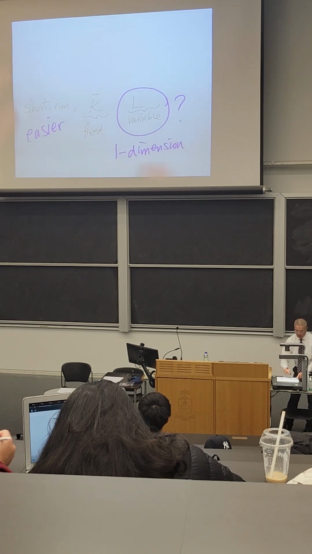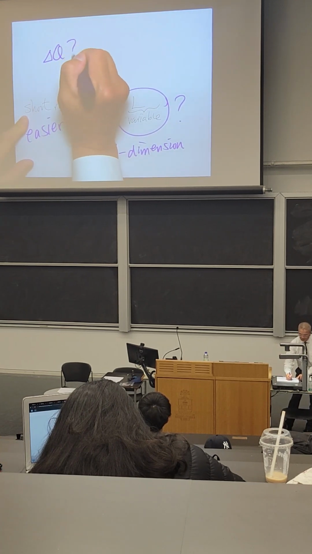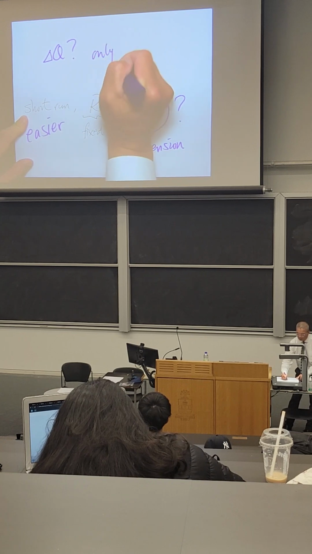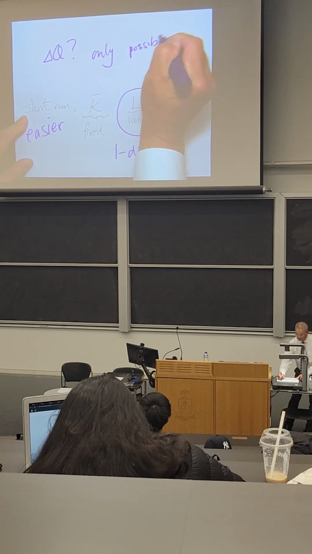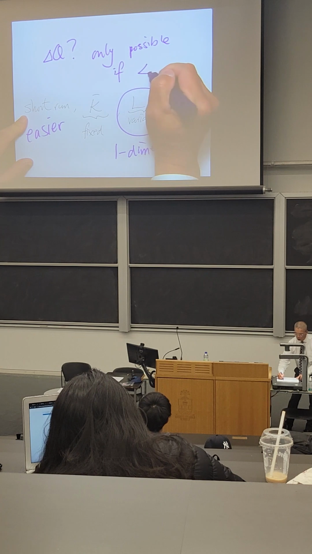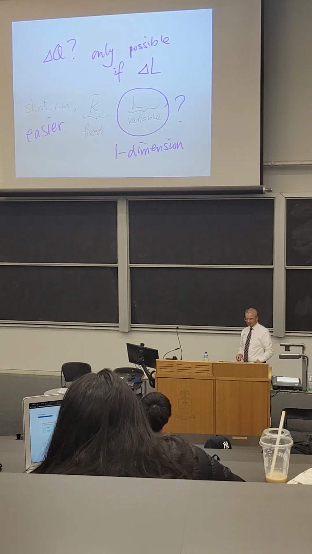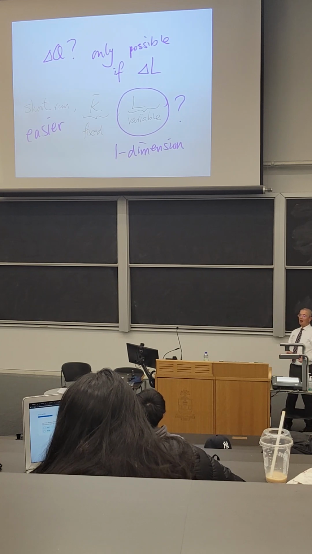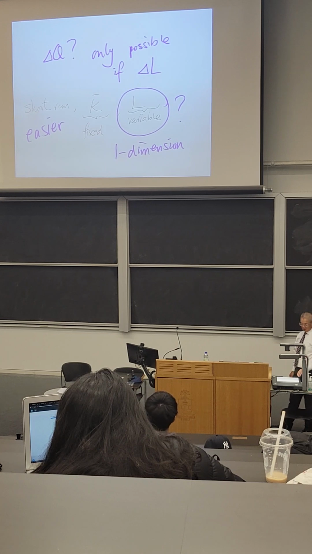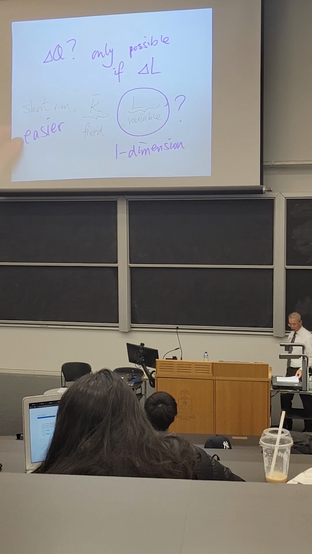That is, you want to change output, only possible if you change labor input. So that's why we're going to start with the short run analysis, because this is easy. We only need to worry about labor input and output relationship.